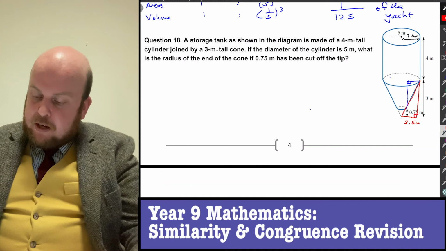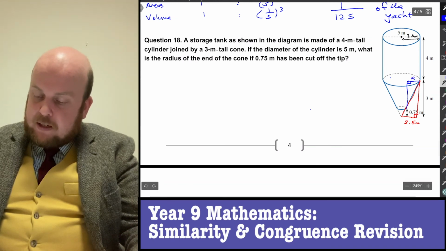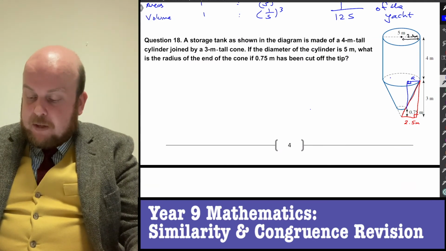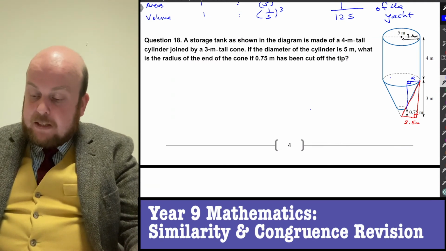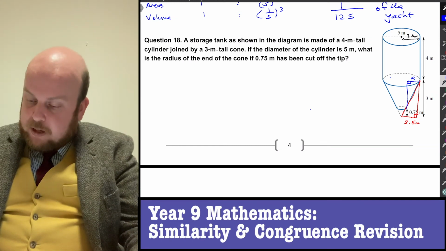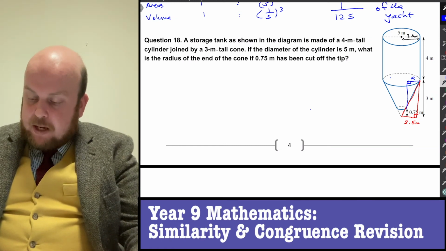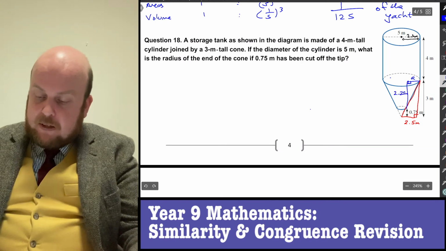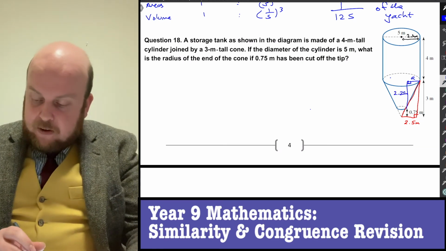Then we need to figure out what the size inside here is. According to this, the amount being cut off from the tip is 0.75, which means the height of the blue triangle is going to be 3 take away 0.75, so 2.25 meters. So what's the scale factor?